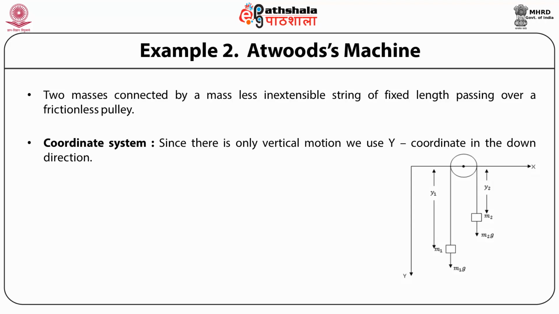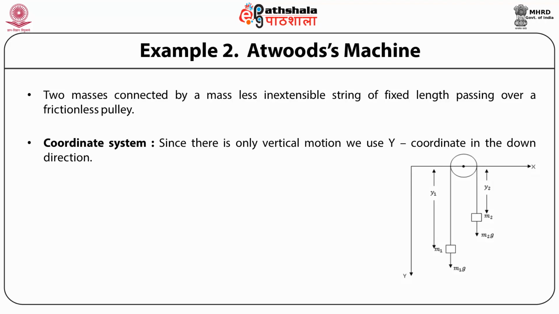Now, the first thing to note is that this system has only 1 degree of freedom. If we choose the coordinate system as shown, the x-axis is horizontal passing through the center of the pulley, and the y-axis is chosen perpendicular to x and pointing downwards.